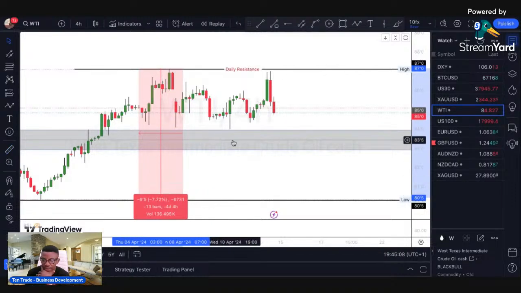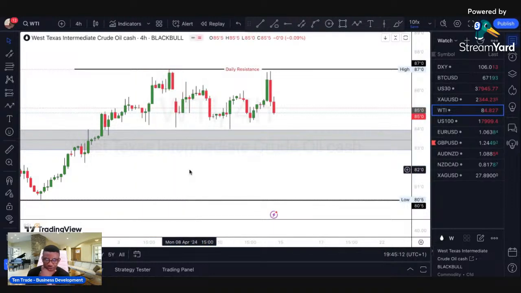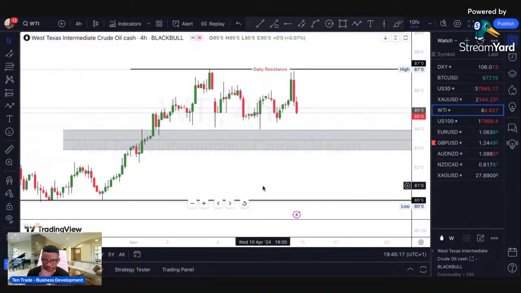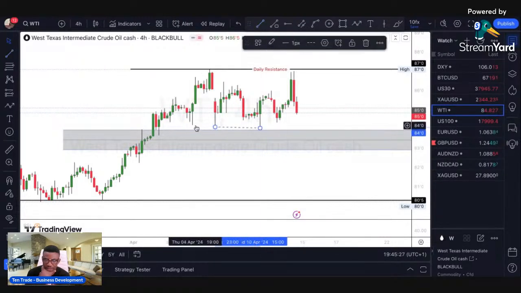Anywhere inside this weekly imbalance is our best entry for a buy move. And this is exactly what we are seeing. And do you know that all of this now will become liquidity that will be taken? Price has left this liquidity. These are now liquidity that needs to be taken.